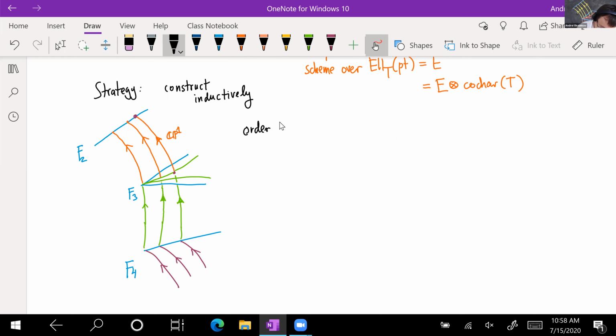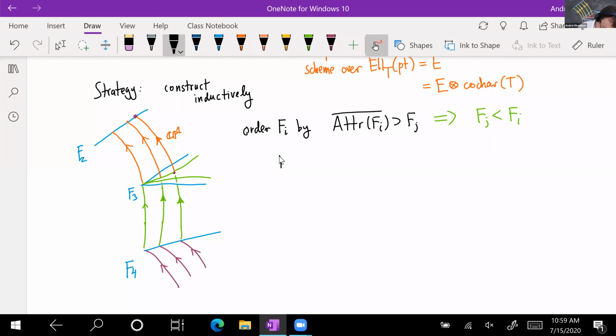So we order components of the fixed locus by attraction. If the closure of the attracting manifold of some component Fi contains Fj, then this means that Fj is less than Fi.